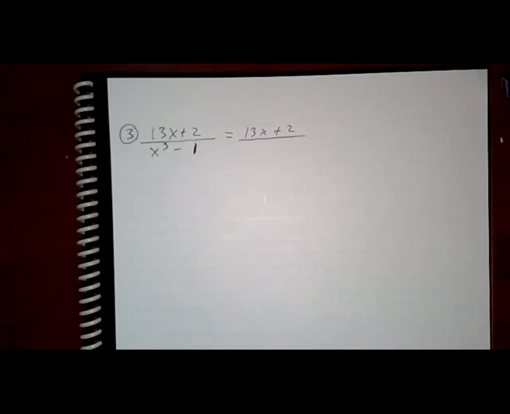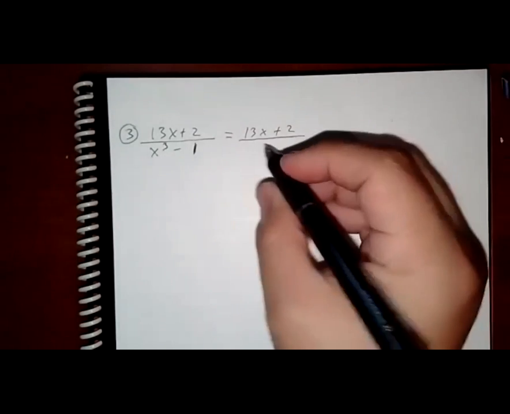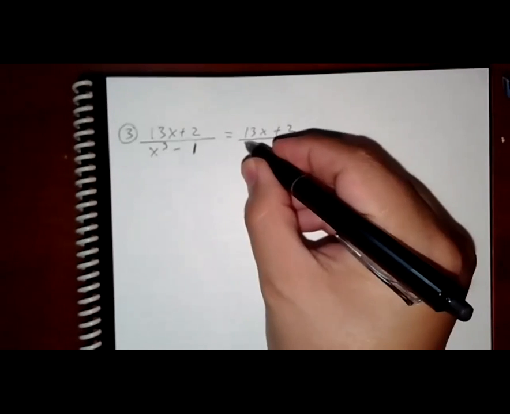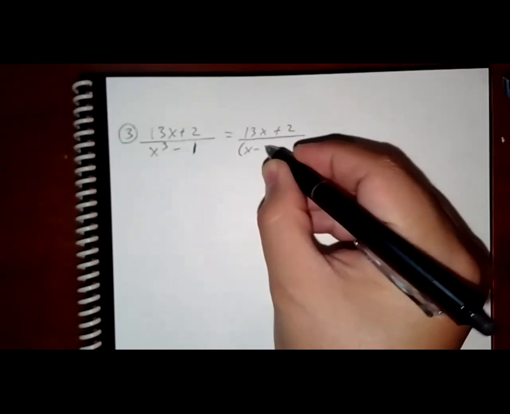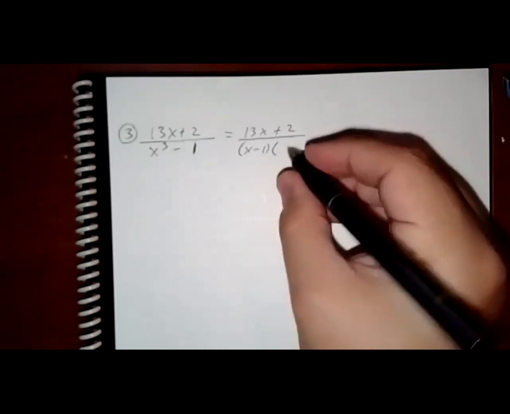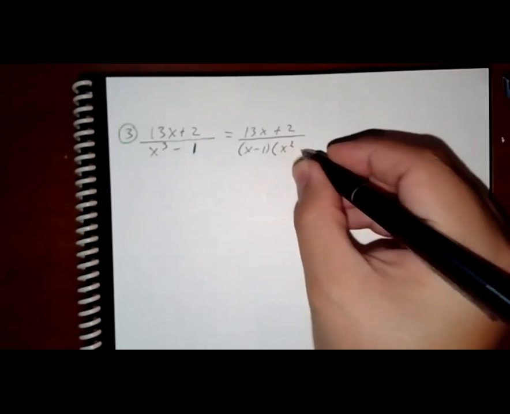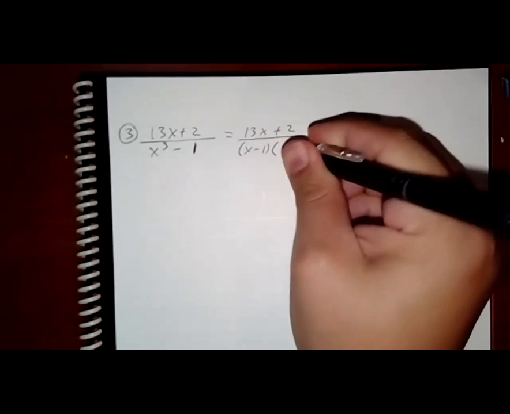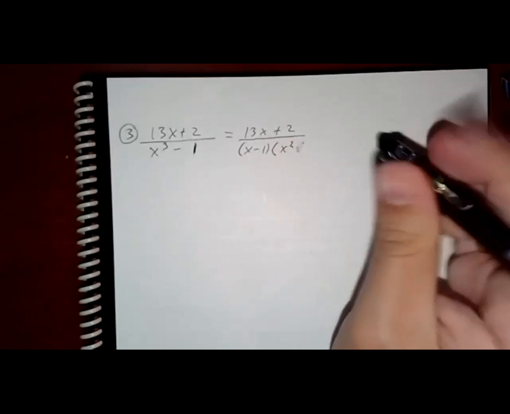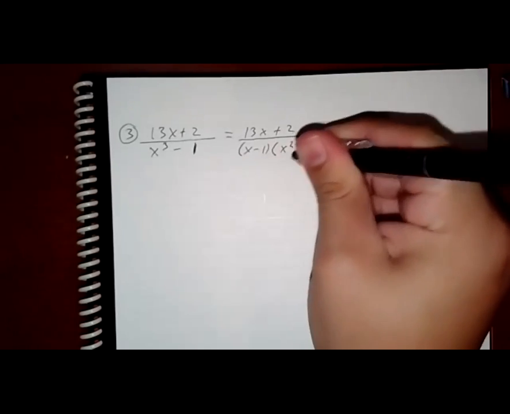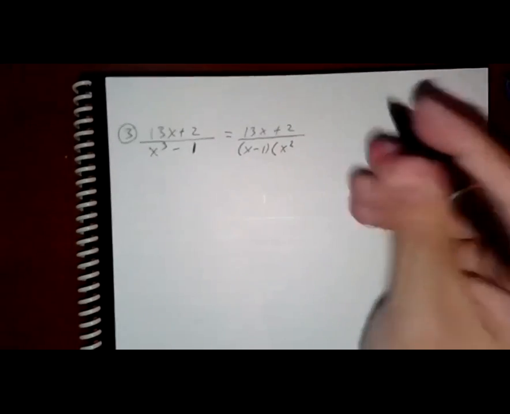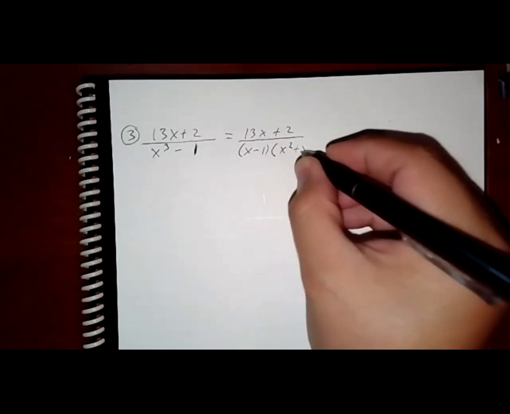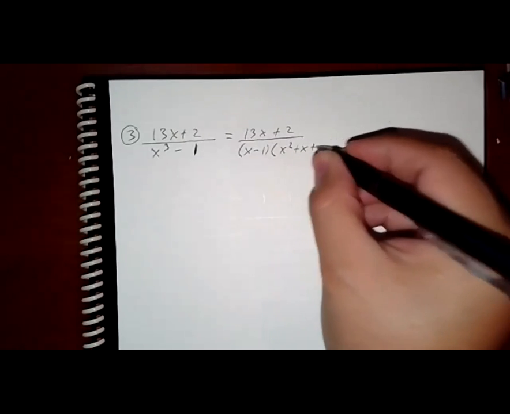Here it is. Yes. So the bottom is a difference of cubes. So that's going to turn into x minus 1 times x squared plus... minus actually. No, that was right. It is plus x plus 1.